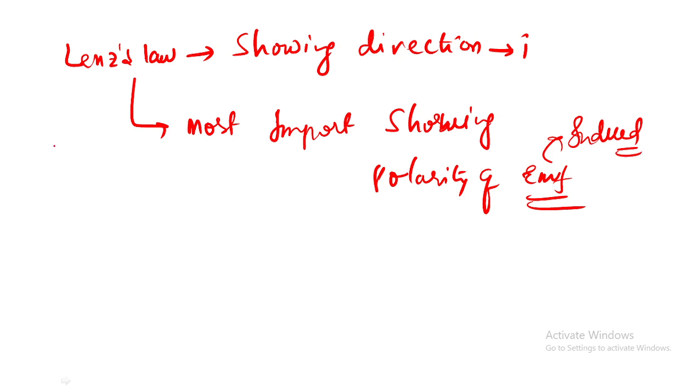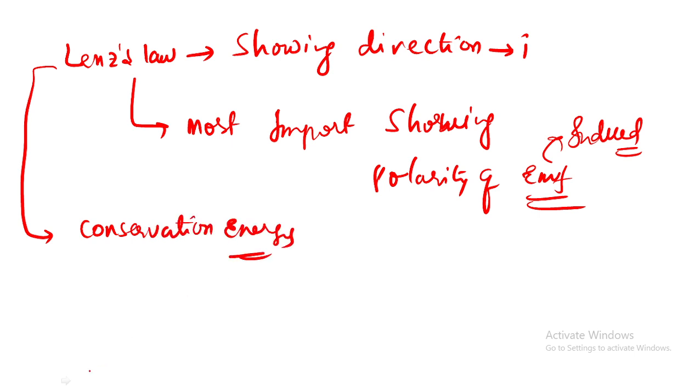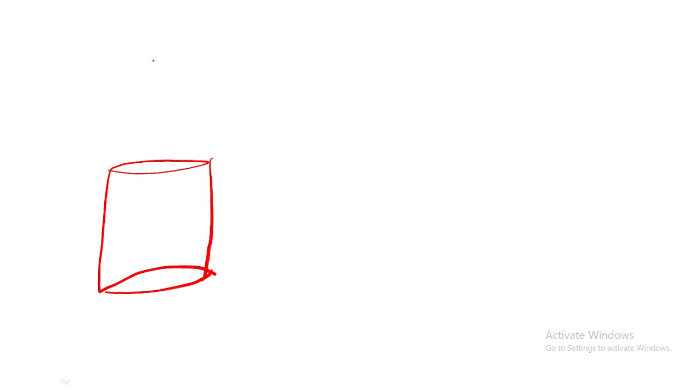Now this Lenz law is also important in the conservation of energy. This fellow gave one more thing, that is the conservation of energy. The reason is, for example, there is a pipe, and a magnet falls into it, with the north pole falling towards the south.